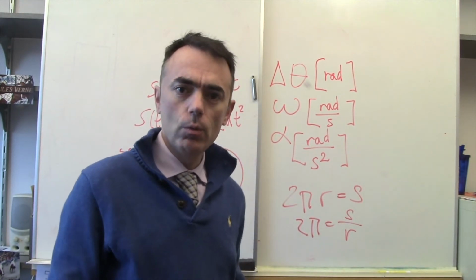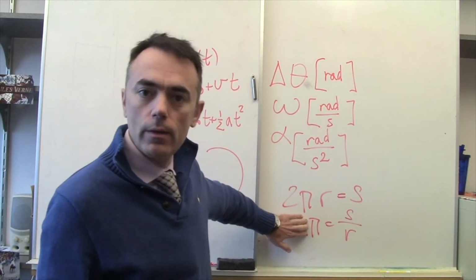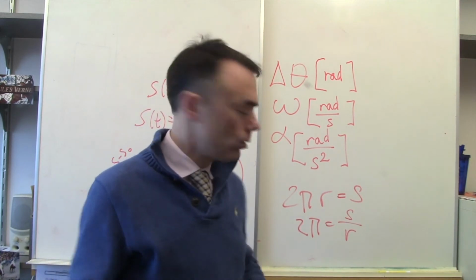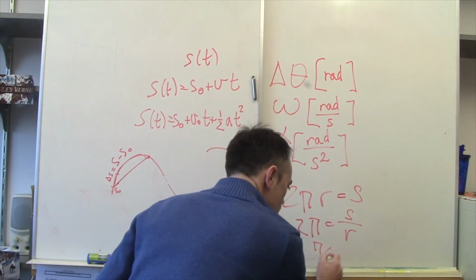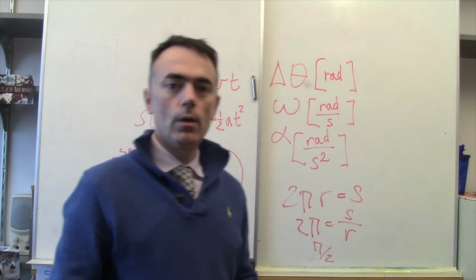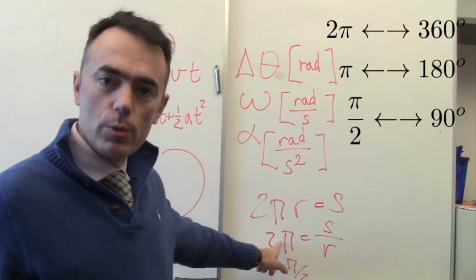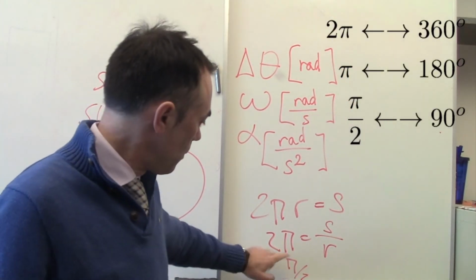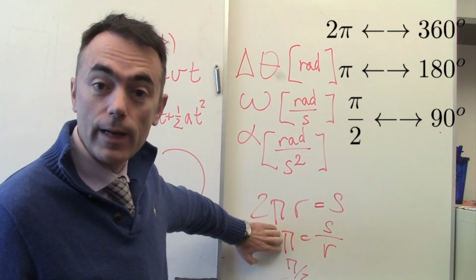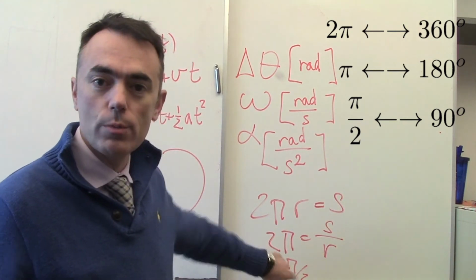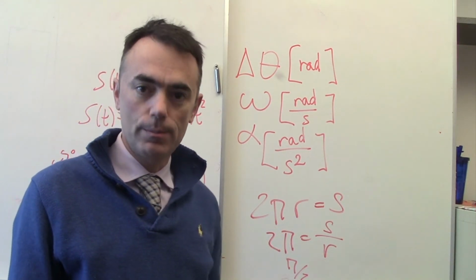Half a circle would be just pi, and a quarter of a circle would be pi over 2. So 2 pi corresponds to 360 degrees, pi corresponds to 180 degrees, and pi over 2 corresponds to 90 degrees.